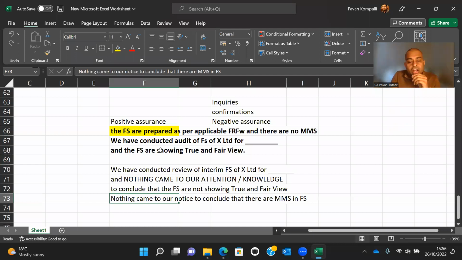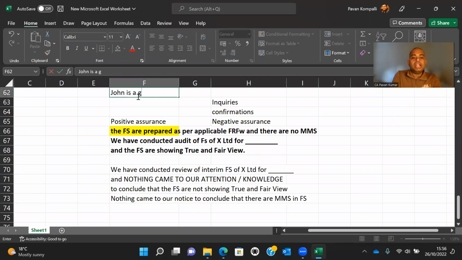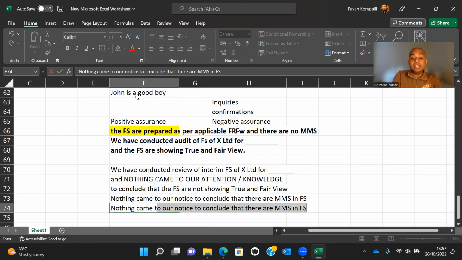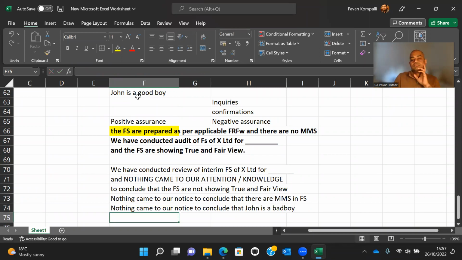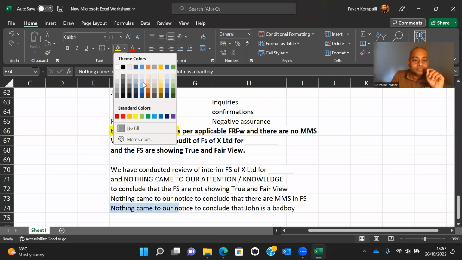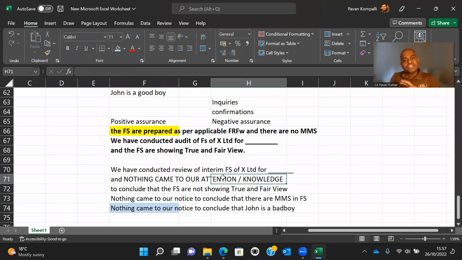So basically what you are doing, here you are telling John is a good boy. Here you are telling nothing came to our notice to conclude that John is a bad boy. When you tell this, the person asks, do you mean John is a good boy?